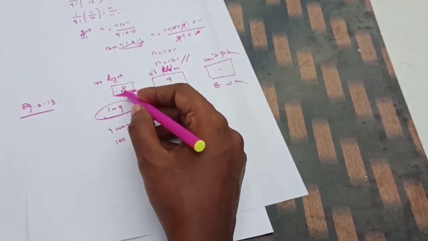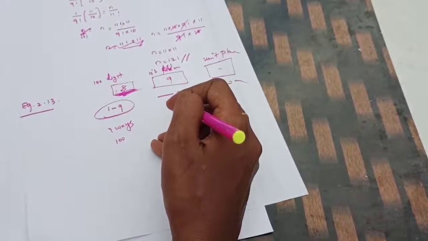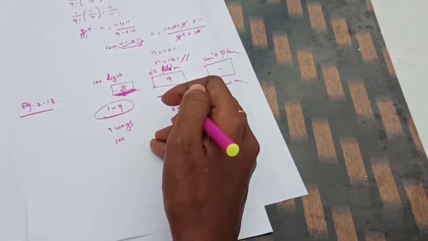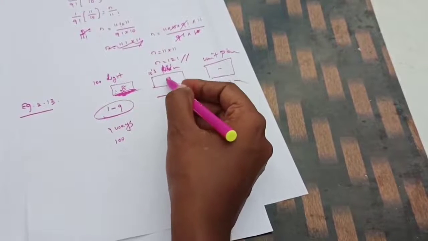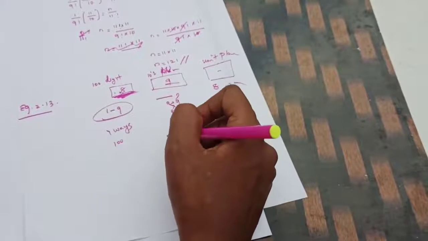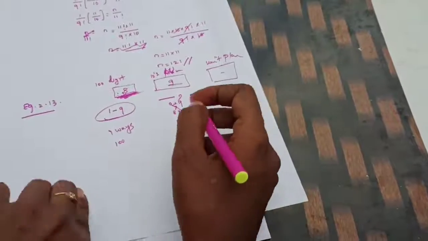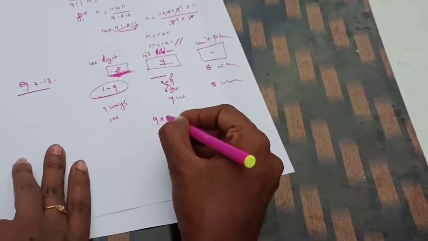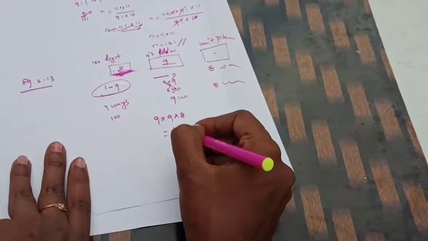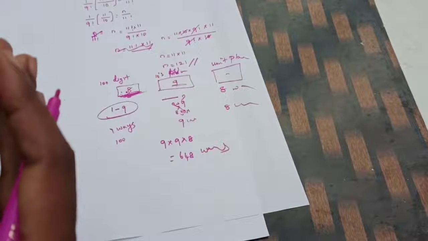Except this number, the remaining numbers, and 0 also will come in the tens place. So 9 ways, and the remaining 8 ways are there for the unit place. So multiplying, 9 into 9 into 8: 9 nines are 81, 81 into 8 means 648. Got it? You just need to understand, that's all.